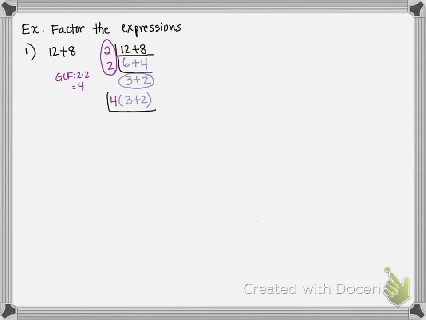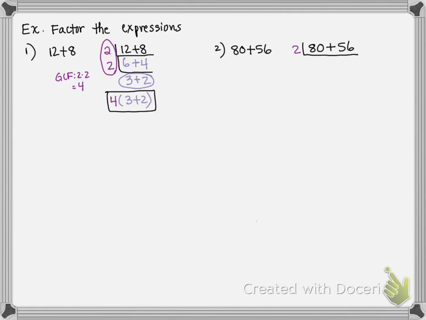I think I'm going to use a different color. That lilac looks like gray. Oh well. Number 2, we have 80 plus 56. Okay. Now, some of you may see different factors than I do. That's okay. I'm not saying you always have to start with 2 if the numbers are even, but I think that's a good way to start, especially when you have big numbers, so you can make them slightly smaller.